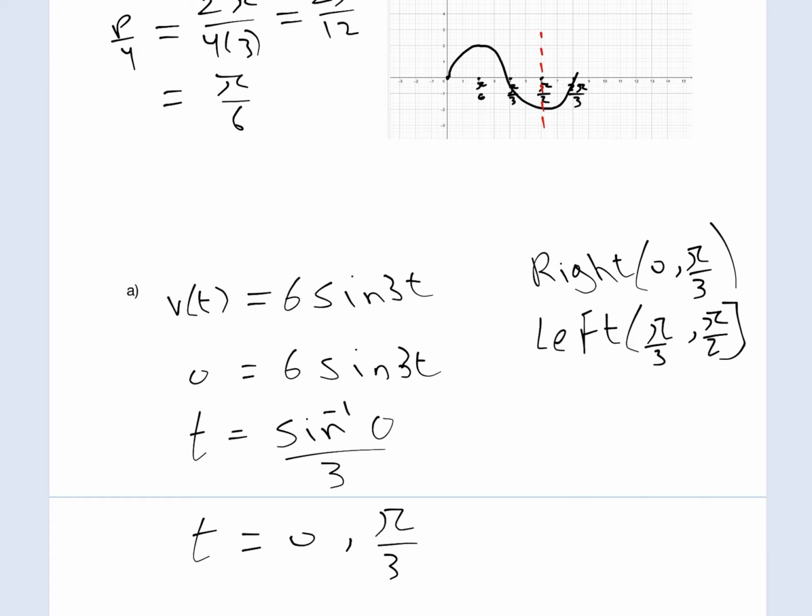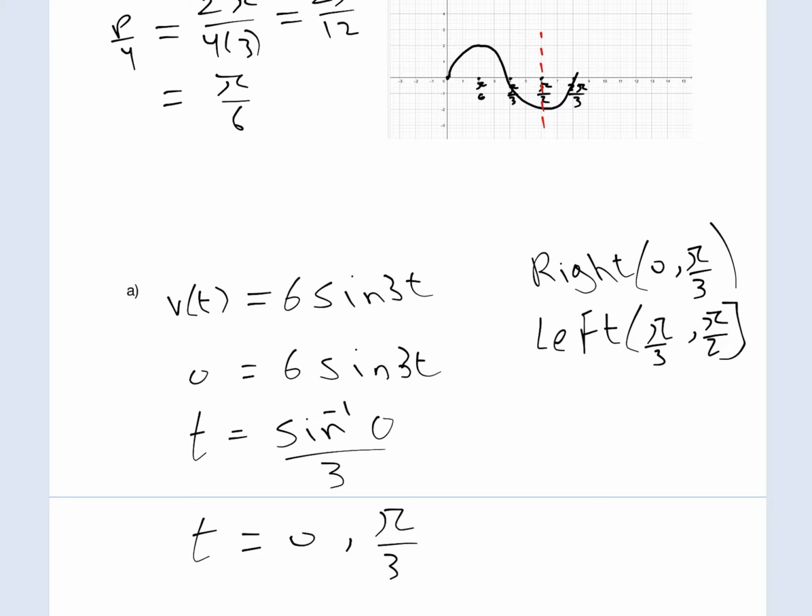Another way to find this is by plugging in values. If we plug in values from 0 to pi over 3, the values will be positive, which means it's moving to the right. If we plug in values from pi over 3 to pi over 2, it gives negative values, which means it moves to the left.